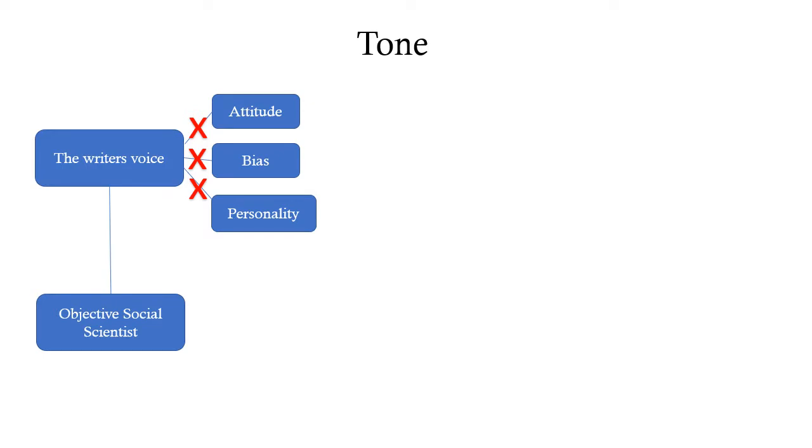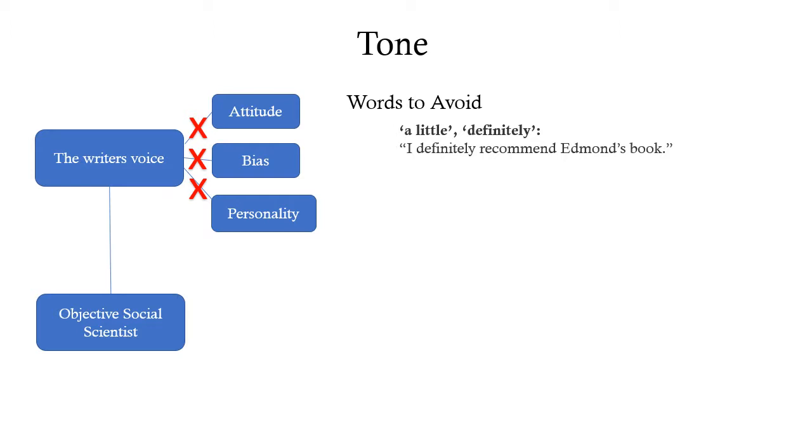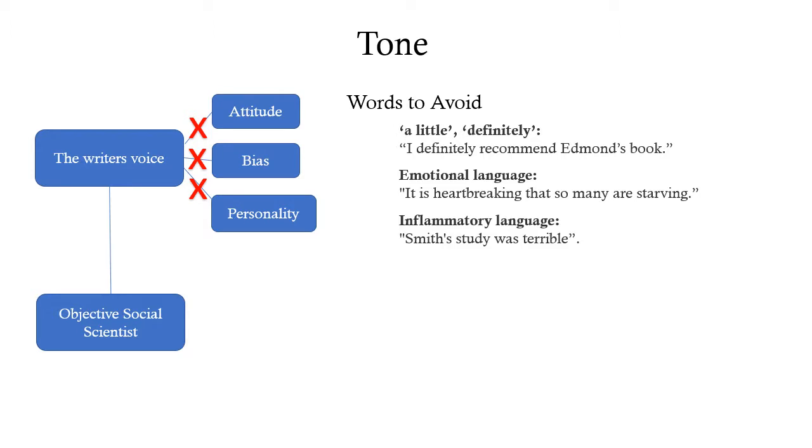To do this, you should avoid words such as a little or definitely, as in I definitely recommend Edmund's book. Emotional language, such as it's heartbreaking that so many are starving. Inflammatory language, such as Smith's study was terrible.